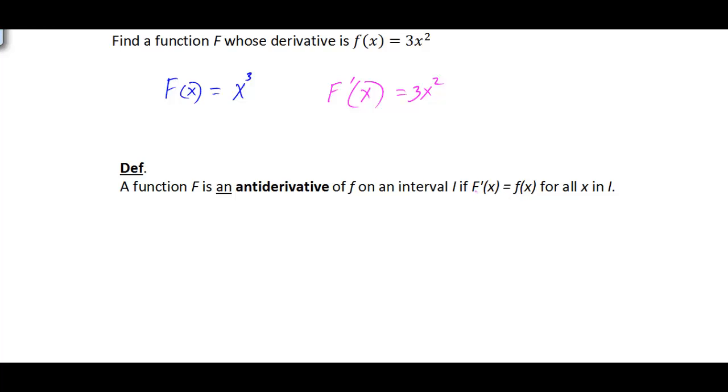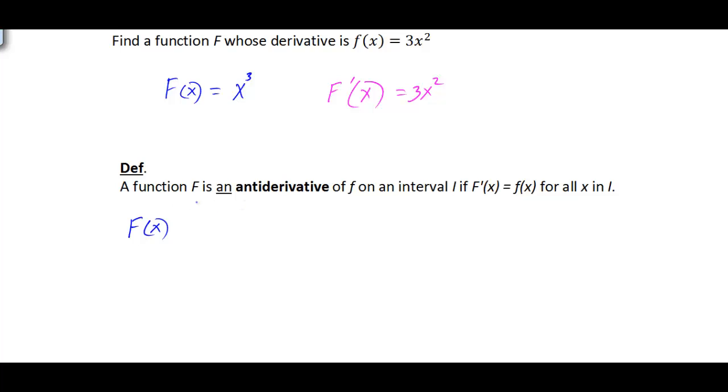And notice this is big or capital F prime of x equals lowercase f of x for all x in the interval I. As far as the notation, when we're indicating the antiderivative, we're going to be using this uppercase, or what I call big F of x.